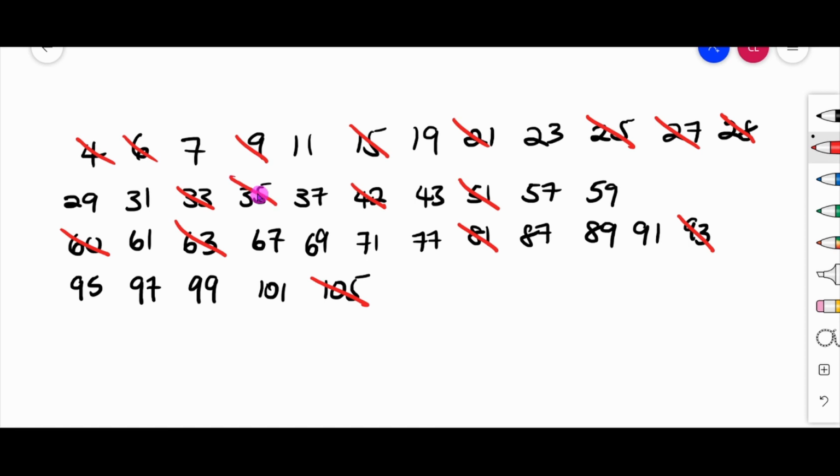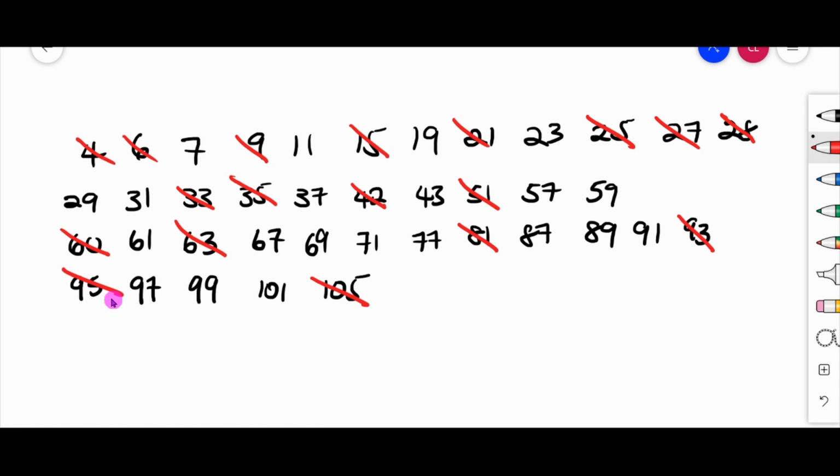So 35 could come out. Any other ending with 0 or 5? 60 is gone already because that was even, and we dealt with those first. All right, so we go 95. 95 is now gone.